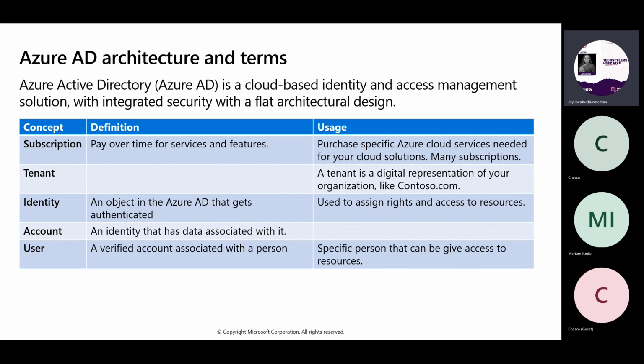Okay, so Azure Active Directory, like we mentioned, is Microsoft's own cloud identity and access management solution, right? And it is integrated with security. We normally say it has a flat architectural structure compared to the on-prem infrastructure. If you've never worked with Microsoft Active Directory on-prem and the first time you're working with an identity is Microsoft Azure AD, it's fine.